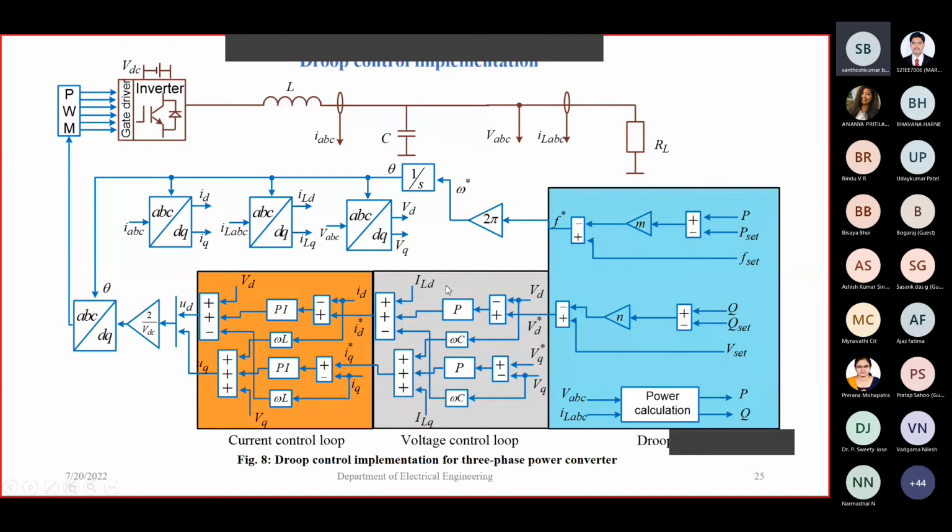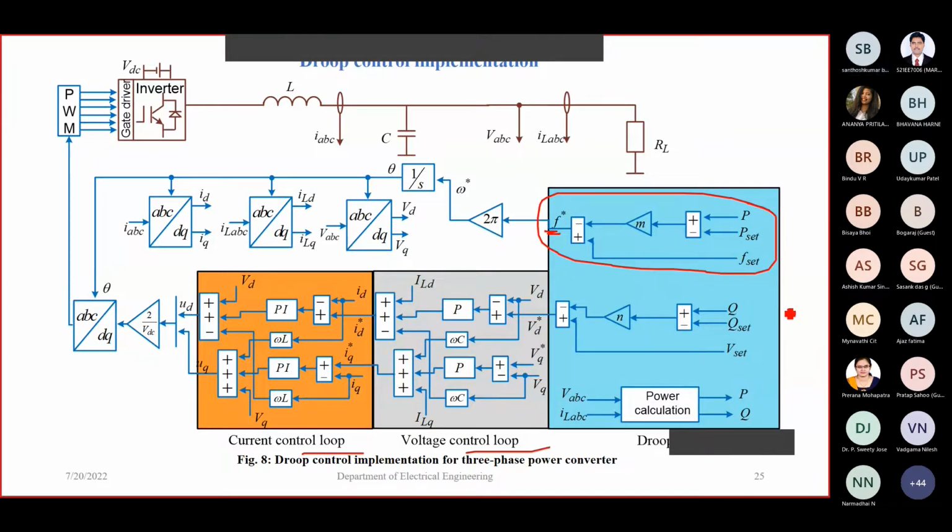Figure 8 shows the group control implementation for the three-phase power converter. Here you can see the voltage control loop and current control loop. I already explained these in the islanding mode, where I gave the reference values, the VD reference, VQ reference and the F reference. Here, by using the group equations, from equation 21 we know the relation between the frequency and active power, so from this we generate the F reference.